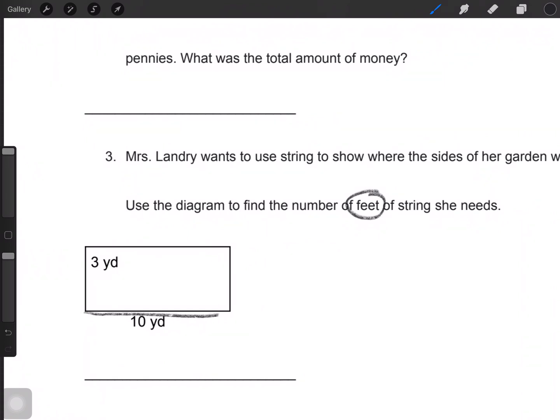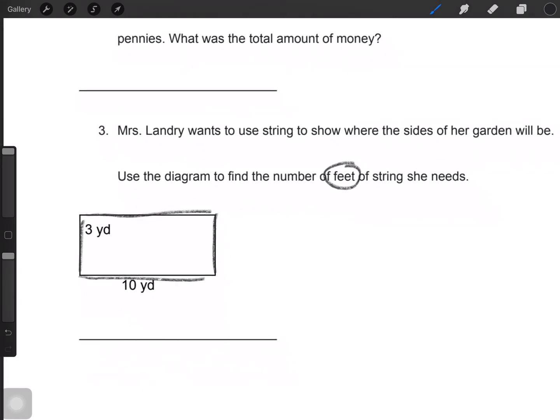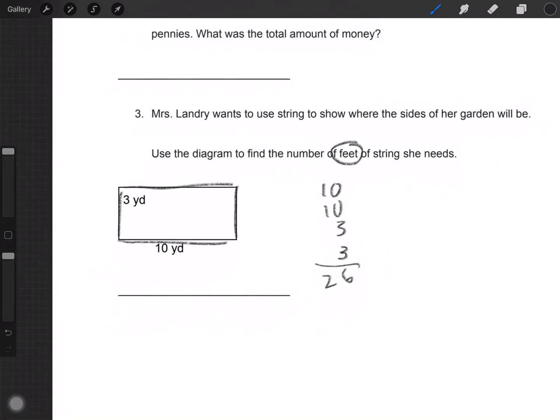If this part is 10, that means that this is 10. If this part is 3, that means that this is 3. So we have 10 plus 10 plus 3 plus 3, which is equal to 26. And that's 26 yards. And we know that 1 yard has 3 feet. So if we multiply it by 3, we get 78 feet.